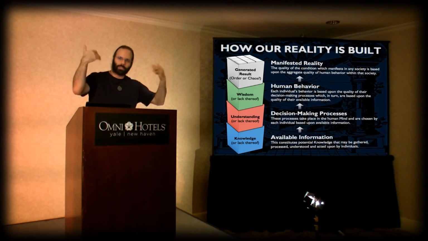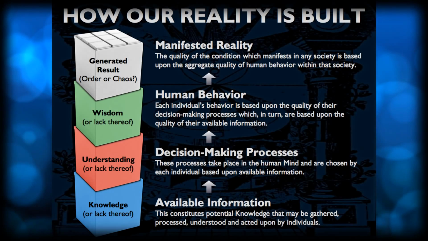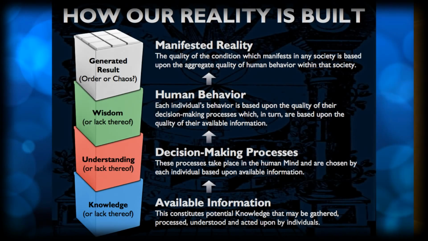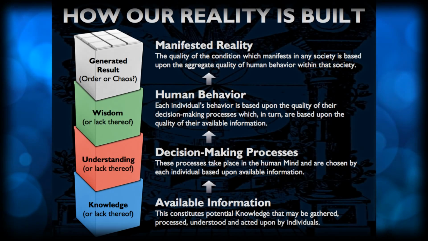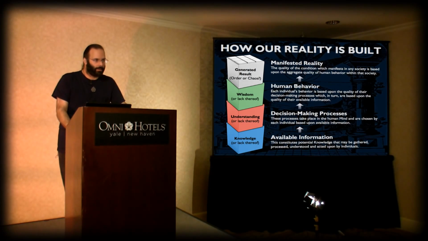All the behaviors put together creates the output on the screen, or the generated result. Is it orderly? Is it chaotic? Well, that's going to be based upon whether someone took in the information, processed it efficiently to come to an understanding, and then acted upon it. The manifested reality is the quality of the condition which manifests in any given society based upon the aggregate quality of human behavior within that society. This is how our reality is actually created.